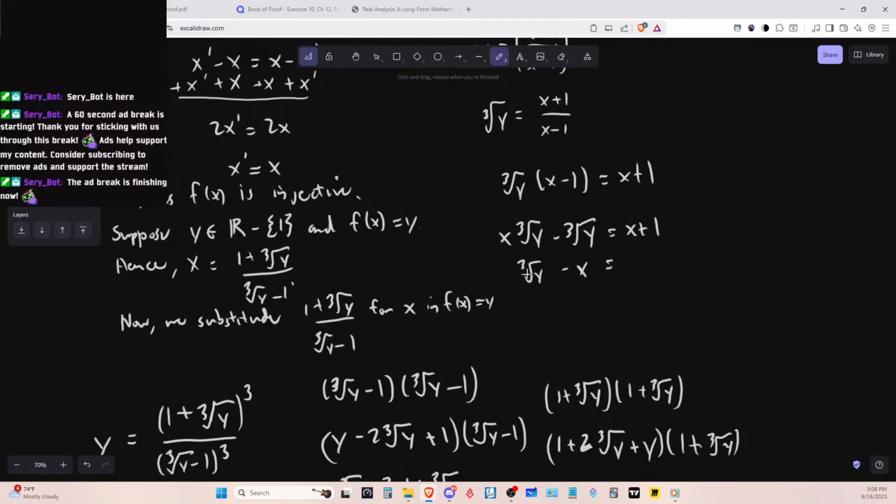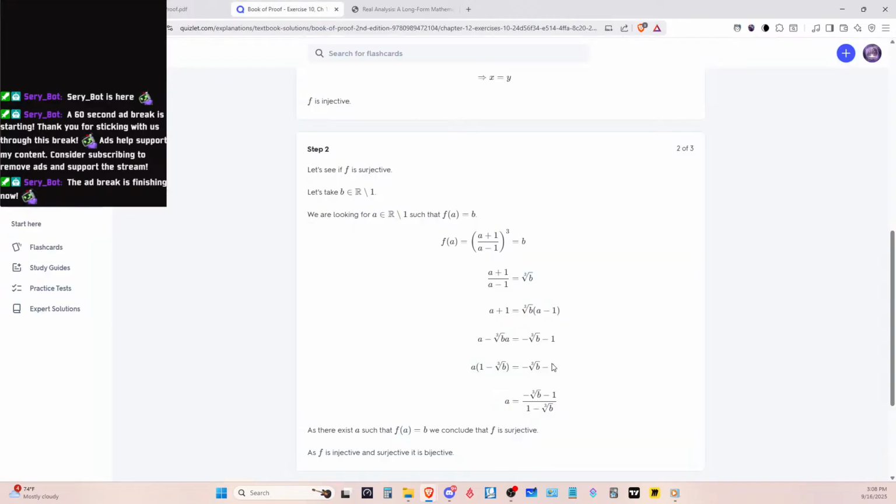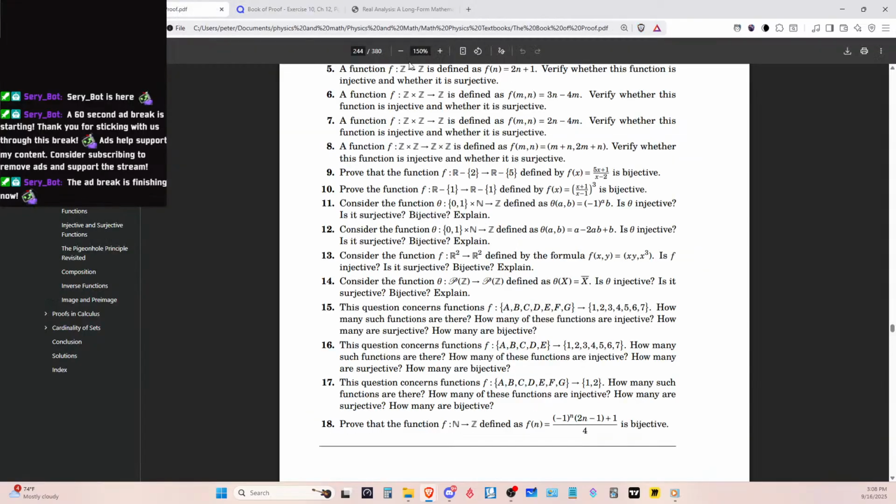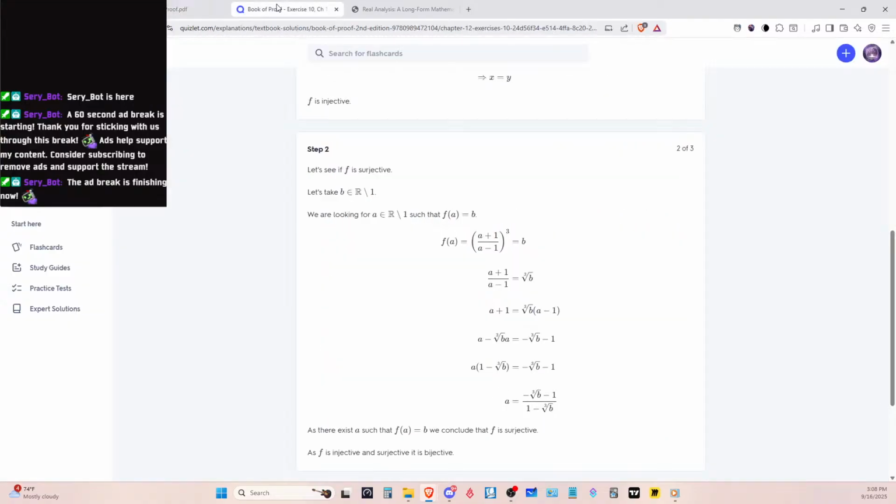At this step, one plus... Now the one thing I'm not understanding is that... just drag this over here.